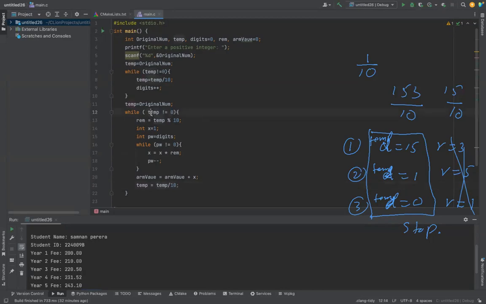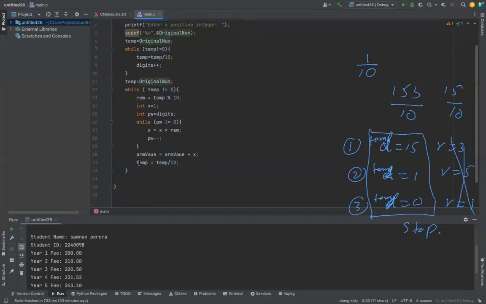Once the temp is 0, this outer while loop terminates. Once it terminates, we have the Armstrong value. If the Armstrong value is equal to the original number, that means you entered an Armstrong number.